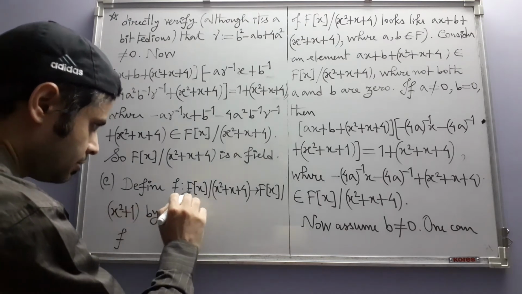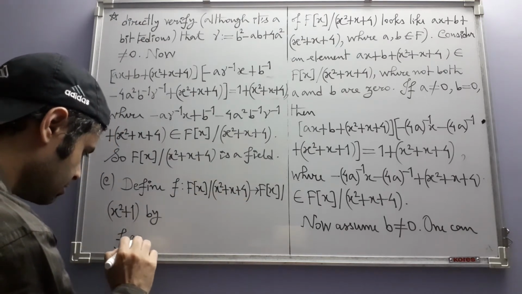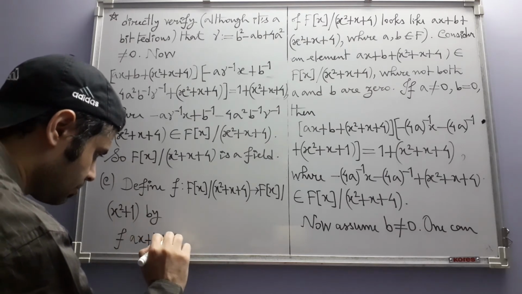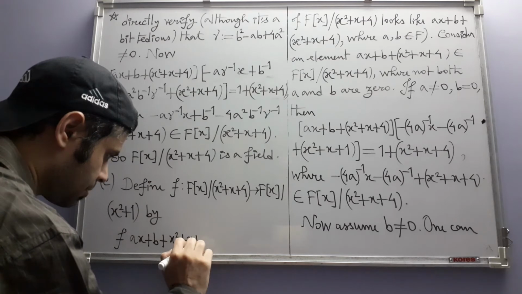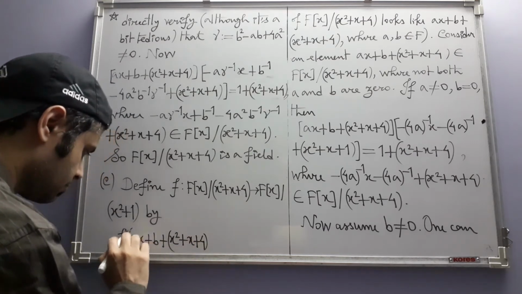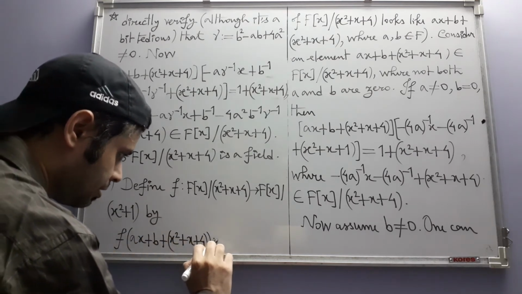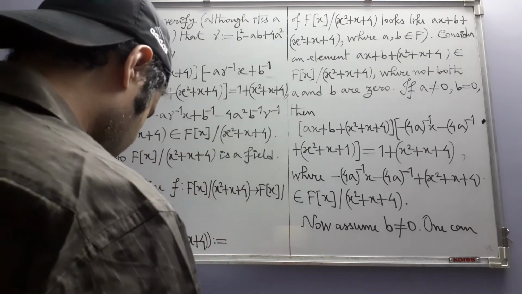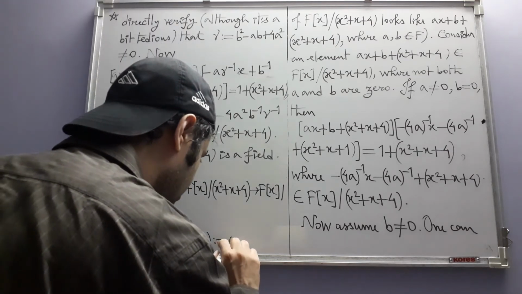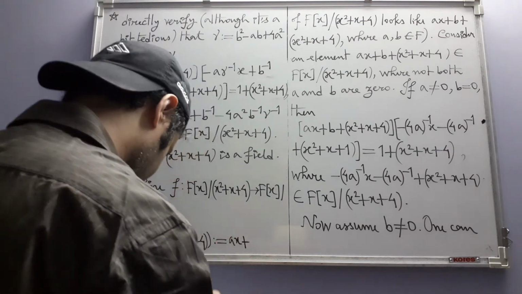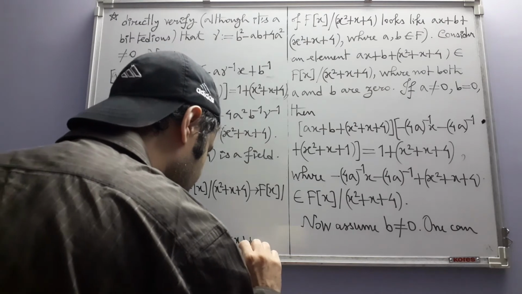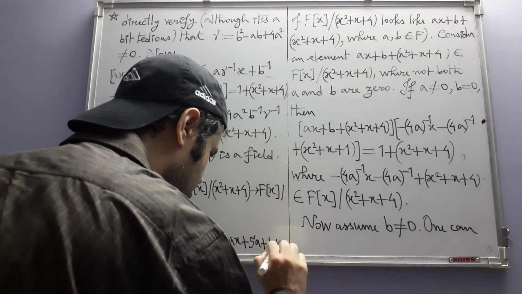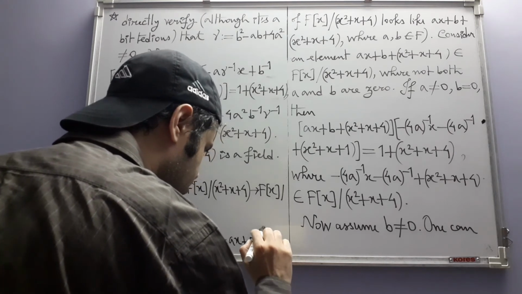So here the general coset looks like this: ax plus b plus x square plus x plus 4, and we define its image to be a coset of this ideal, ax plus 5a plus b plus x square plus 1.